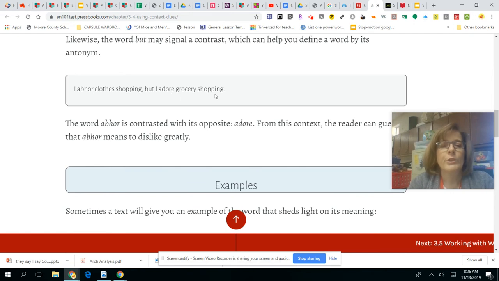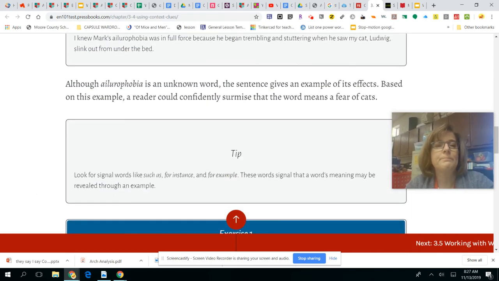I adore grocery shopping. For most of us, I feel like that's probably a reversal of what's true. But here you're given an antonym. So if you love grocery shopping and you know you're looking for the opposite, what do you know abhor means? Hate. All right, good job.